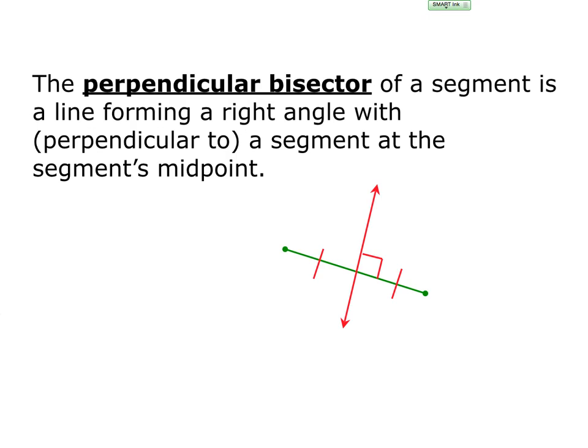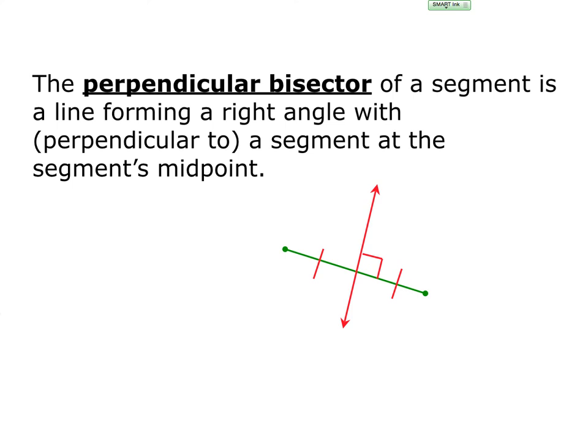All right. On the 3/4 lesson, perpendicular bisector. So flip to the 3/4 section. A perpendicular bisector is a segment or a line that forms a right angle, that's the perpendicular part.